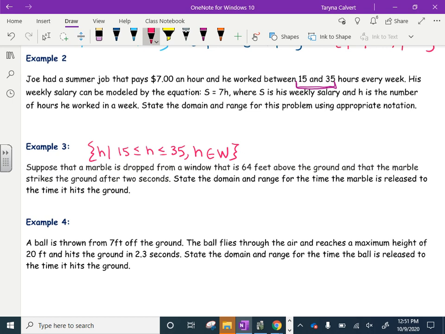So to figure out his minimum amount earned, we take 15 times 7. If we go 15 times 7, that'll give me 105. We go 35 times 7, 245. So that would be our 105 and our 245, our range numbers.